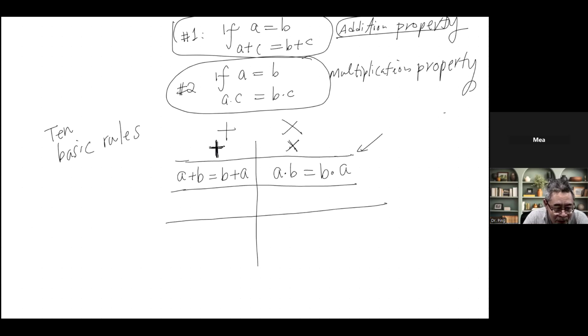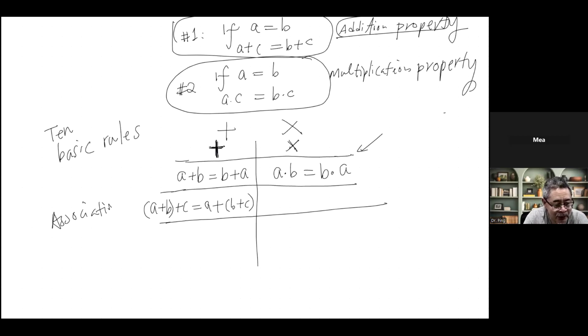Then we have the rule A plus B plus C, and when you add more than 2, well, we have to start with 2. Which one we start with, turns out it doesn't matter. We can add the first 2, or we can add the last 2. So the order does not matter. And this is called the associative rule.